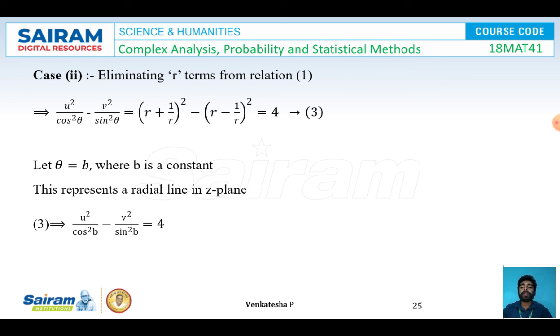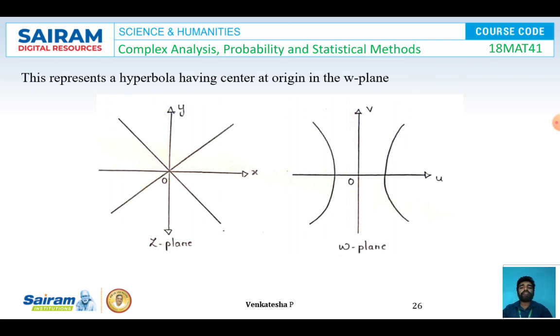Now I am going to replace the angle theta as b, where b is a constant, and this line is called a radial line in the z plane. After replacing theta is equal to b, I got the equation u square by cos square b minus v square by sin square b is equal to 4, and this equation is called a hyperbola in the w plane. So after transformation we got a hyperbola in the w plane.